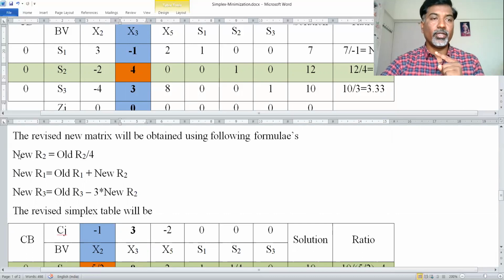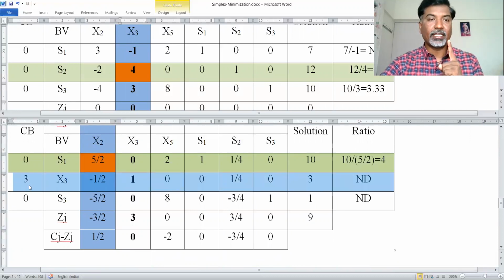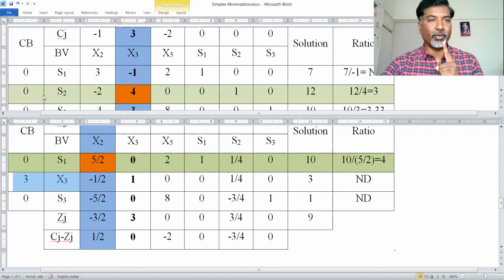So new R2 is equal to old R2 divided by 4. Now see, this is my R2. In case of R2, S2 was my leaving variable, so I had added it here. Instead of S2, I have taken x3 and the coefficient of x3 is 3. So here I have added my entering variable and removed my leaving variable.